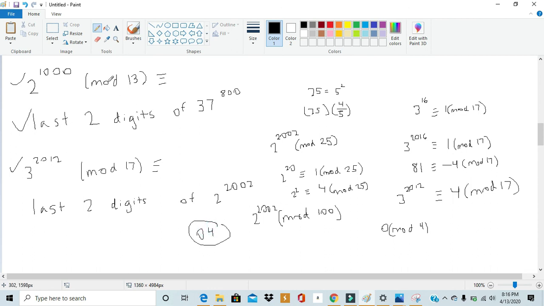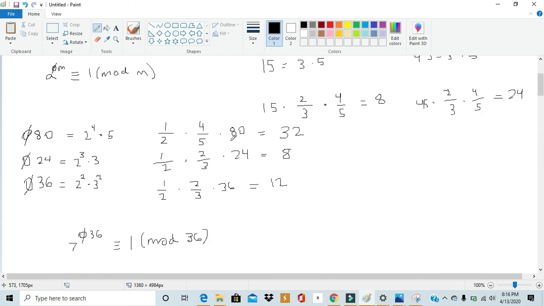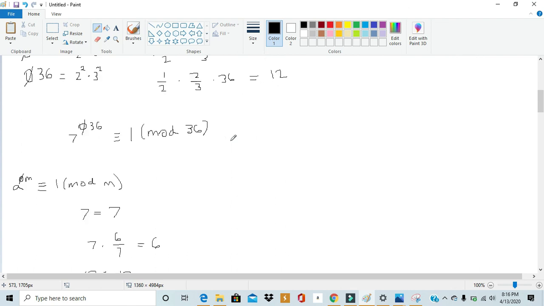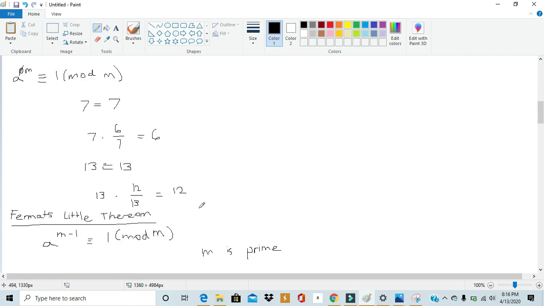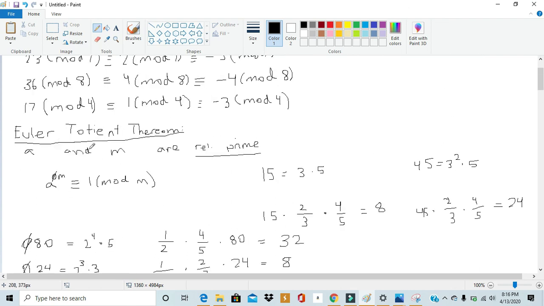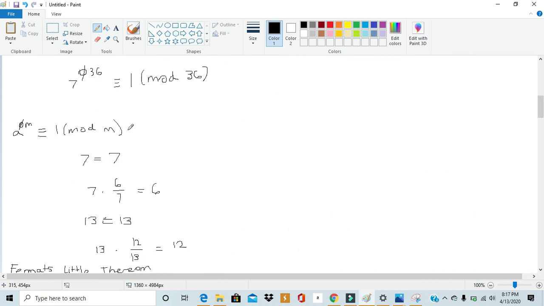So here we've worked through several problems using Fermat's little theorem and Euler's Totient theorem. Two very essential theorems to do well in number theory. And these two theorems are related to each other, as Fermat's little theorem is just an application of Euler's Totient theorem to a prime number.